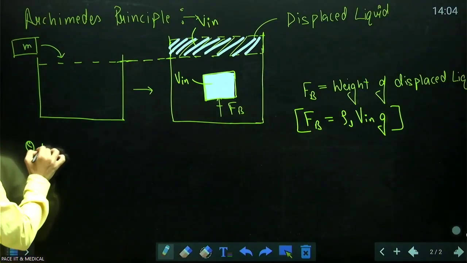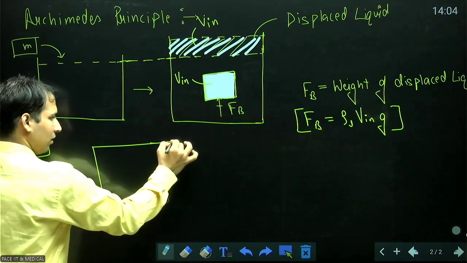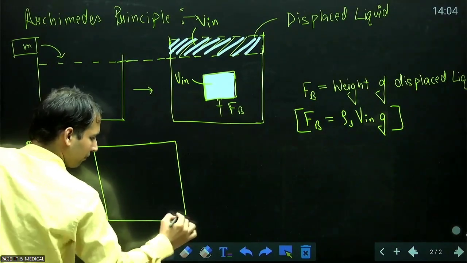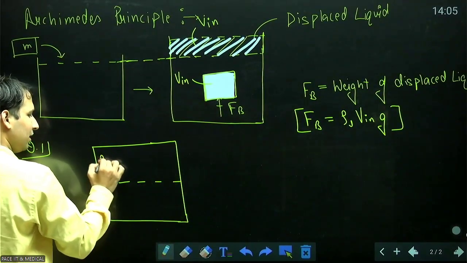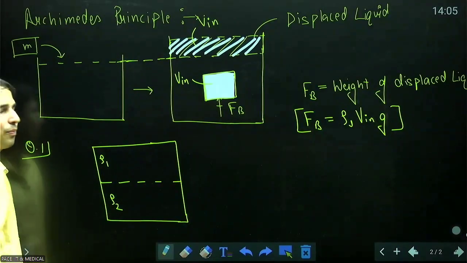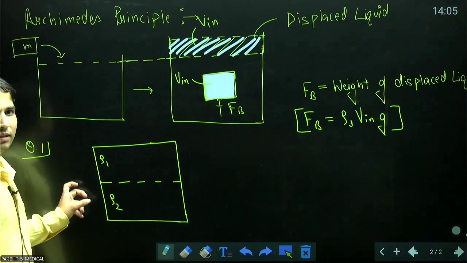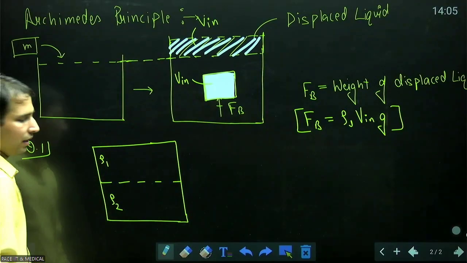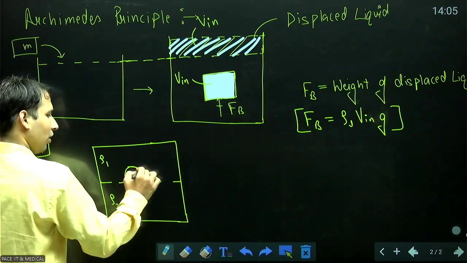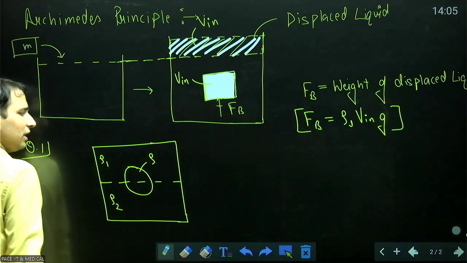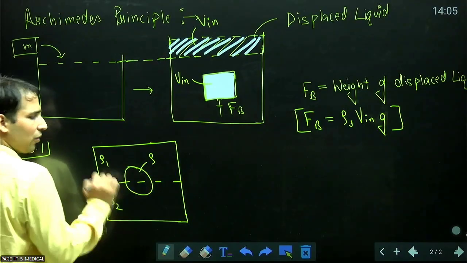The first question will be a basic example. There is a container having two immiscible liquids, which do not mix, of densities ρ1 and ρ2, and there is a solid sphere of density ρ, which is half in the upper liquid and half in the lower liquid.